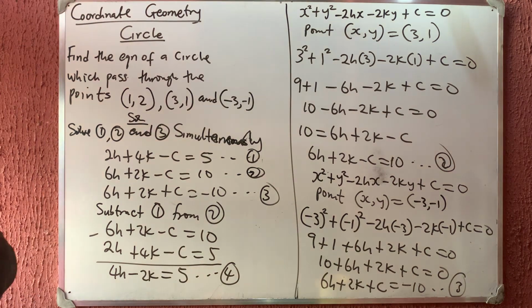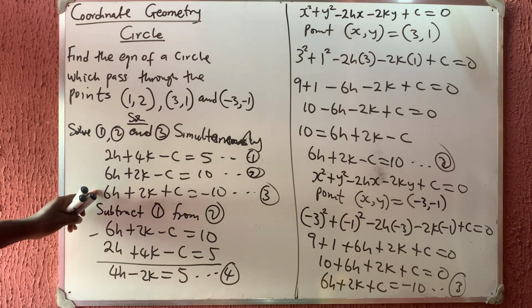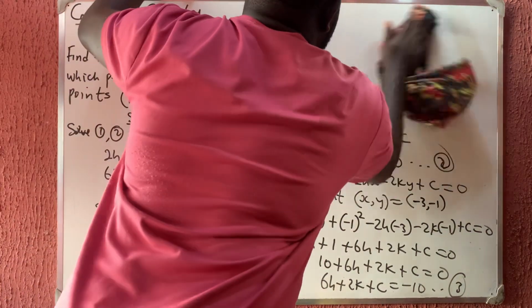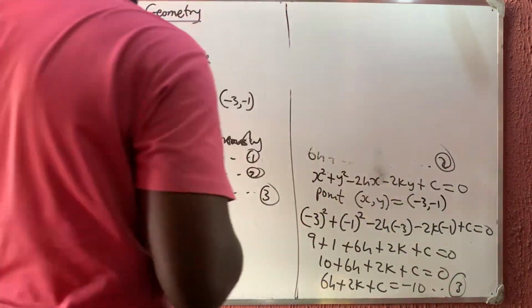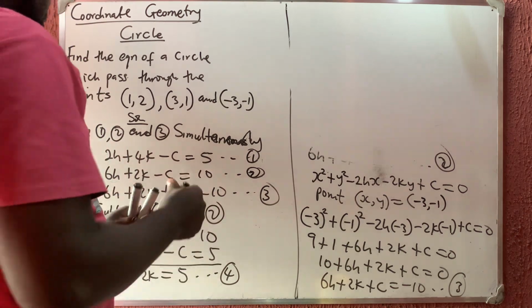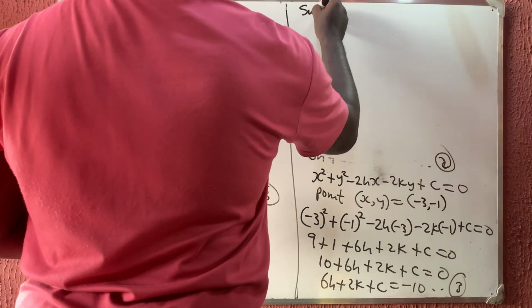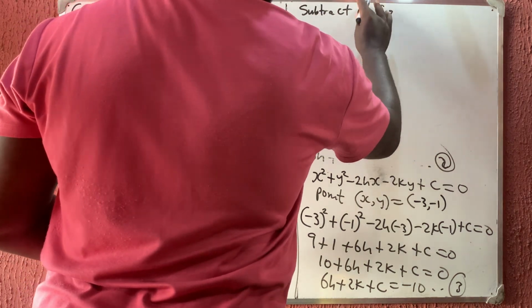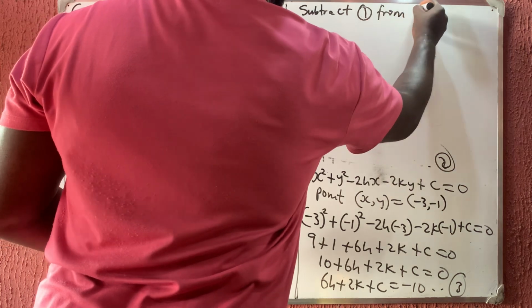Let us subtract equation 1 from equation 3 to get my equation 5. Then I'm done. I've used equations 1 and 2, so I told you I'm going to use 1 and 3 now. So I will subtract equation 1 from equation 3.